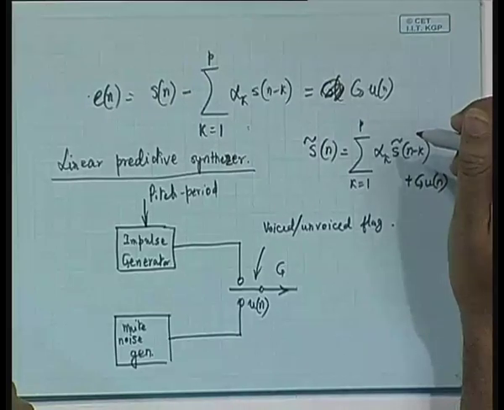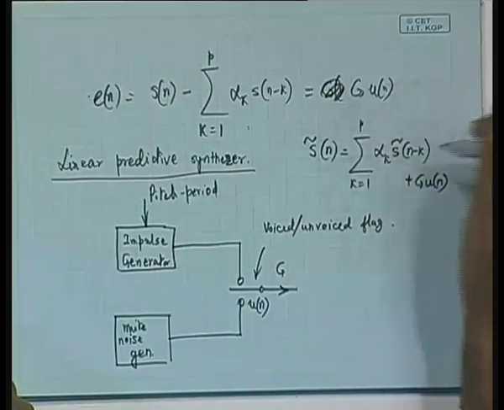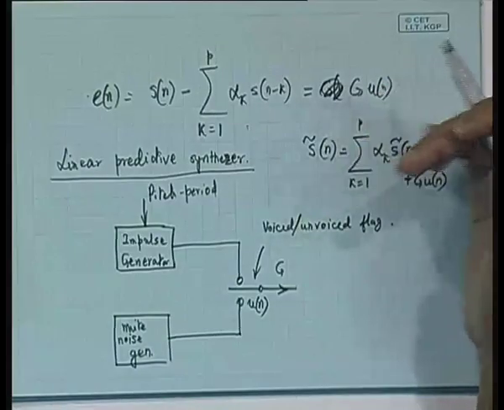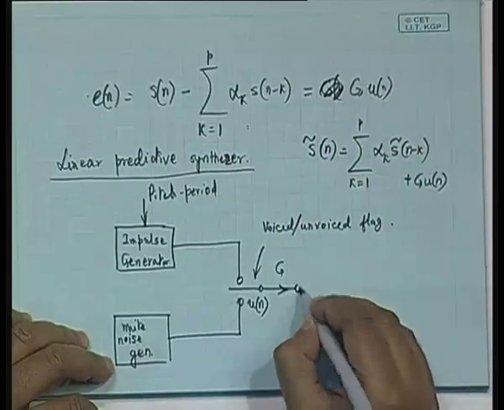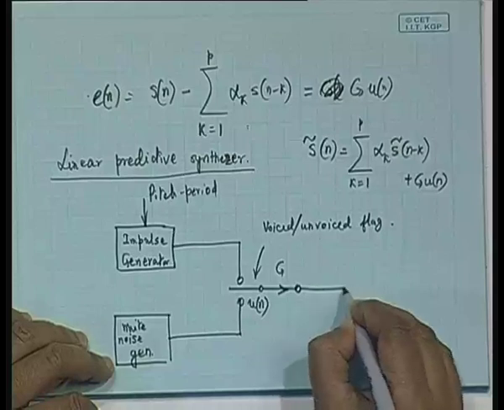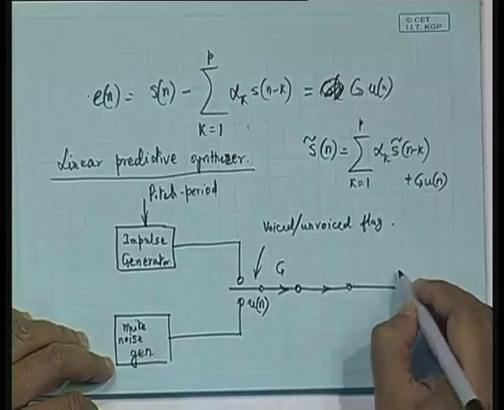So, to obtain S tilde of n, what do we have to do? We have to make a realization of this filter. Now, realization of this filter, we can have a direct realization, using this equation. So, a direct realization of this equation would give us a filter structure like this that we will be generating.